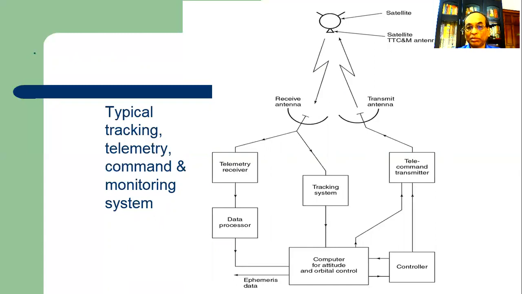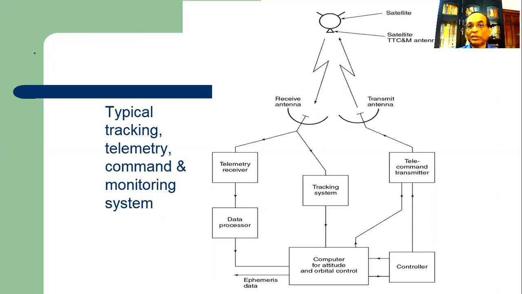The signals are communicated through the Earth station to the satellite, and the satellite confirms that command, and then the final command is given from the base station, from the Earth station, and the correction on the satellite to make up the deviation is carried out, and the satellite gets its original position.